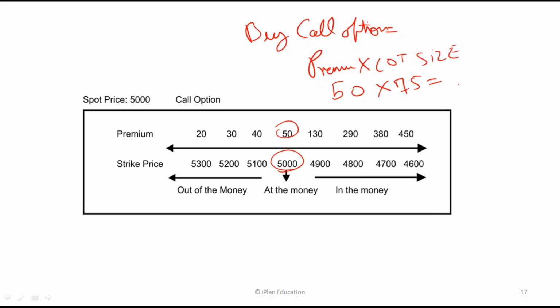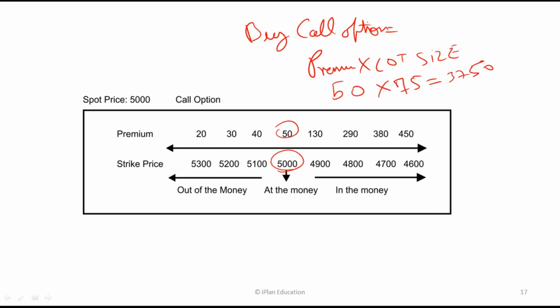So you have to pay 50 into 75, around 3,750 to get one contract of Nifty. That's it.